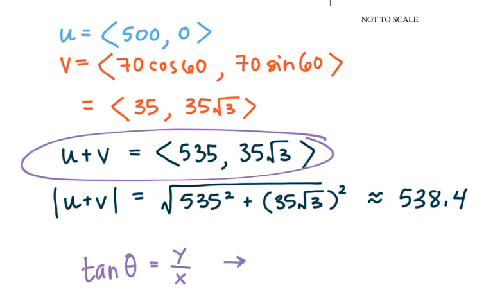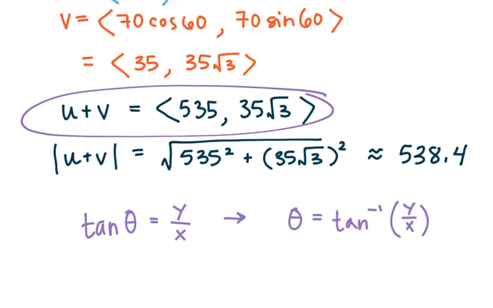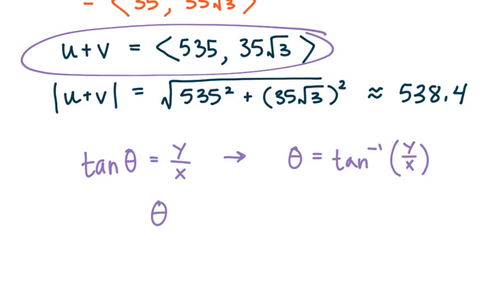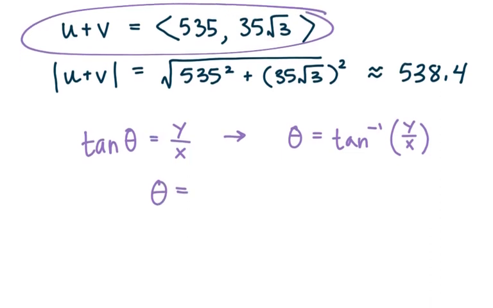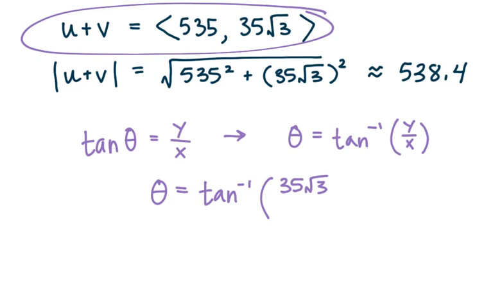Modifying that to solve for theta, I would have theta equals tangent inverse of y over x. So theta is tangent inverse of my y value, 35√3, over my x value, 535. And typing this into my calculator, making sure that I'm in degree mode, I get roughly 6.5 degrees.